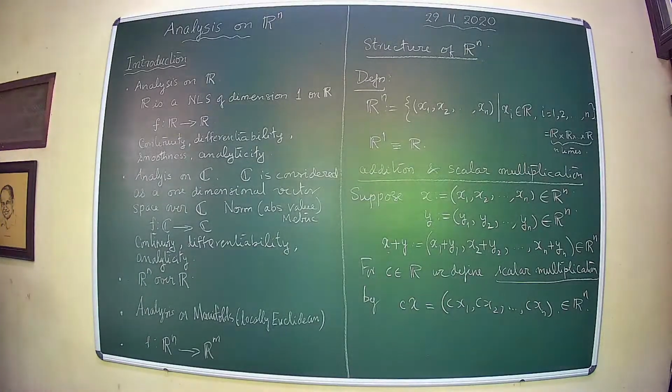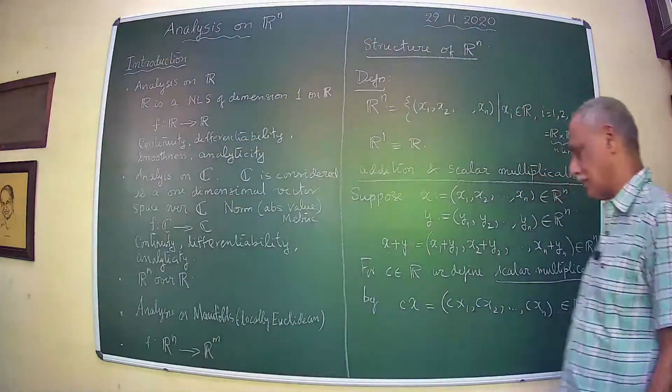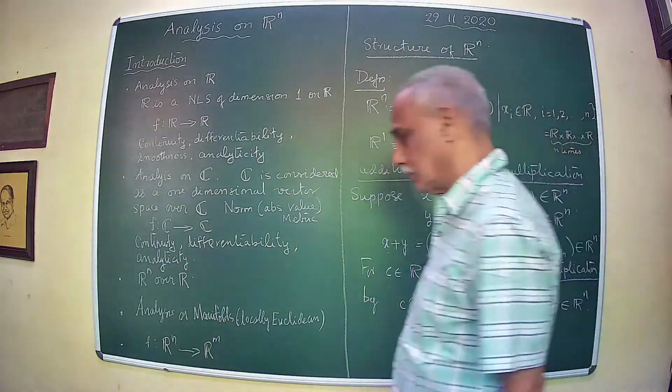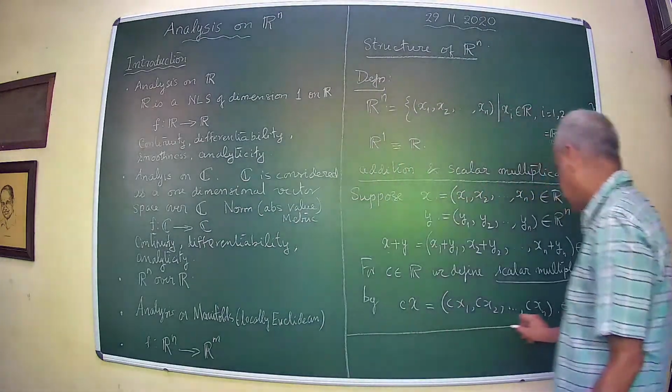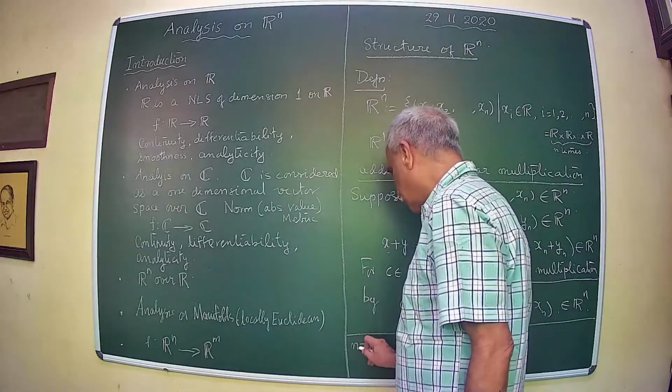This corresponds to the usual vector space operations in R2 or R3 or even R. Okay, so that we are familiar with. And of course, I want to make a remark there. So you take the case n equal to 2.